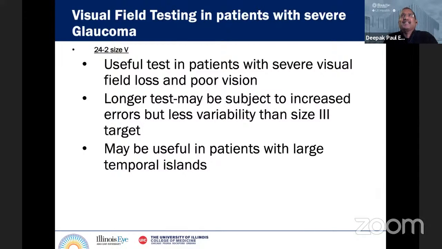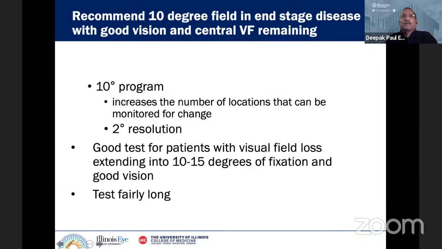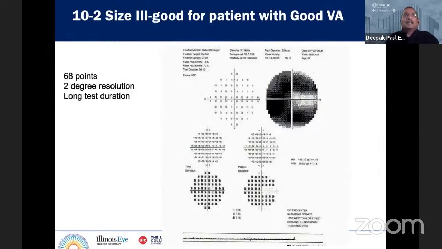It gives you an idea of what the visual field is doing. It's a longer test and may be subject to increased errors, but there's less variability than the size 3 target. And if you have a patient with a central island and a large temporal island, this might be more useful if you don't have a Goldmann visual field available.